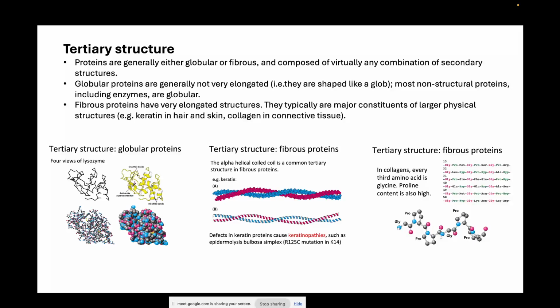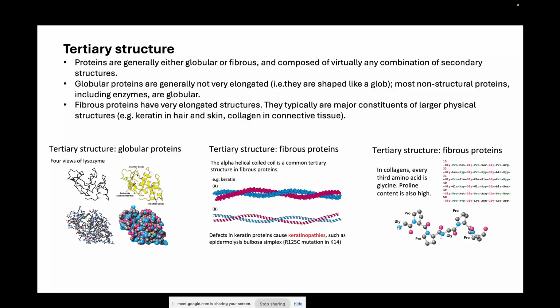They are either globular or fibrous and composed of virtually any combination of secondary structures. So there can be n number of alpha helices, n number of beta sheets, or neither of them. So a lot of combinations are possible.